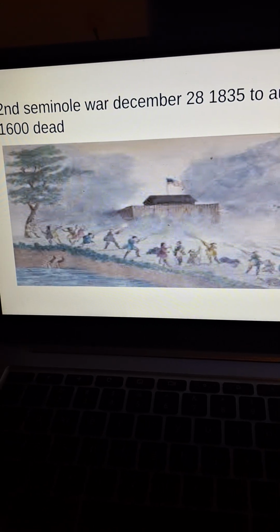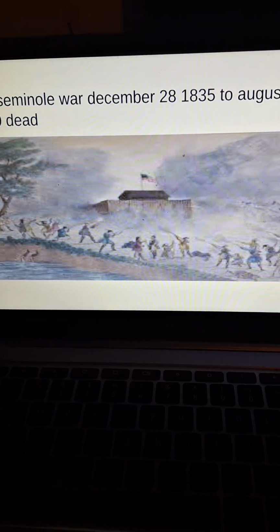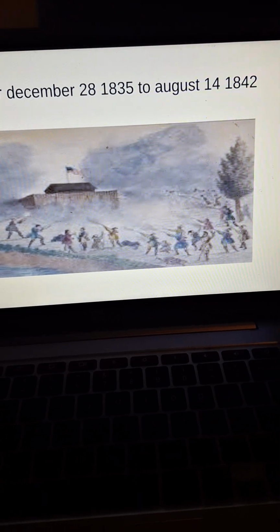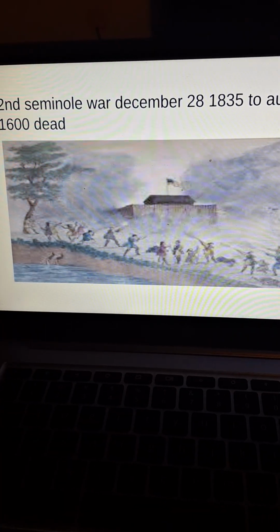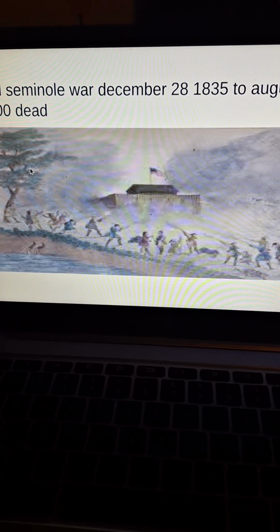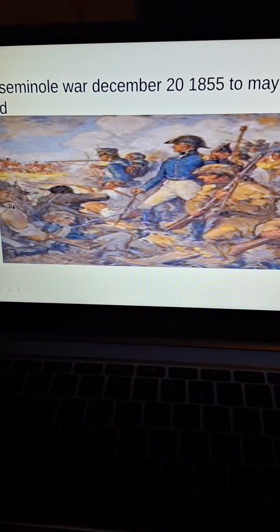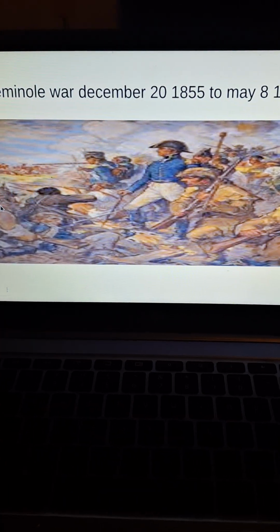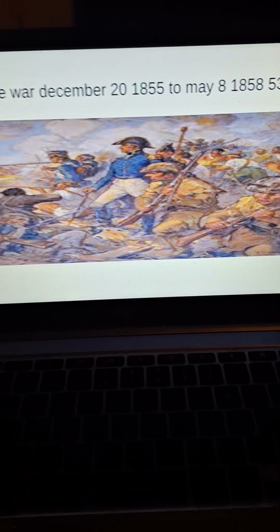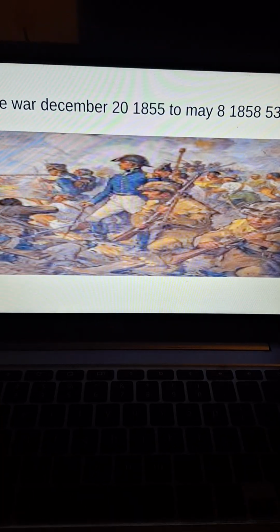The Second Seminole War, December 28th, 1835 to August 14th, 1842. 1,600 Americans dead. The Third Seminole War, December 20th, 1855 to May 8th, 1858. 53 Americans dead.